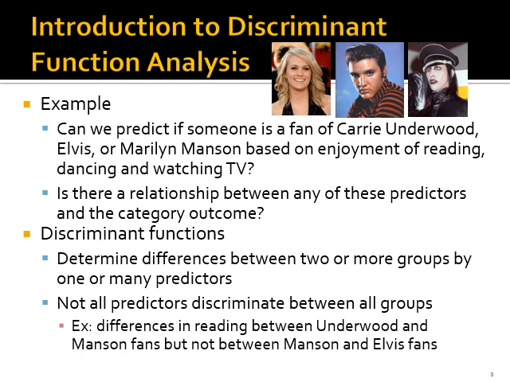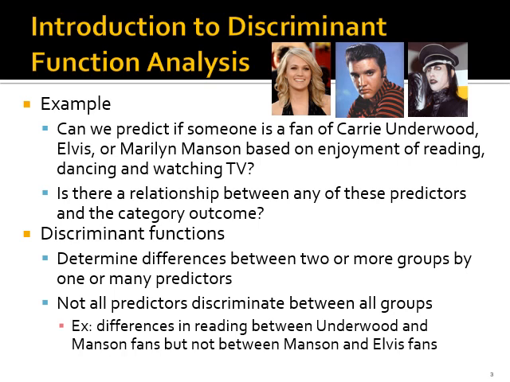For example, differences in reading may be a great predictor between Underwood and Manson fans, but not between Manson and Elvis fans. So not only do we want to know, is there a significant relationship between the predictors and the outcome, we also want to ask, how are those functions or factors successfully predicting? How successful is that prediction? How much can we trust it? But also, are we able to truly distinguish between all the categories?